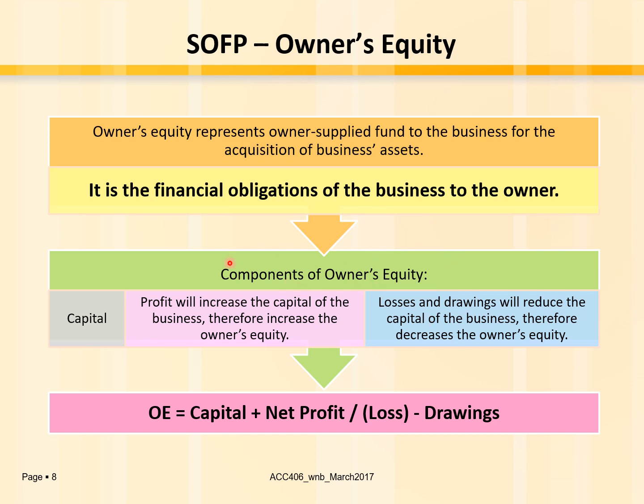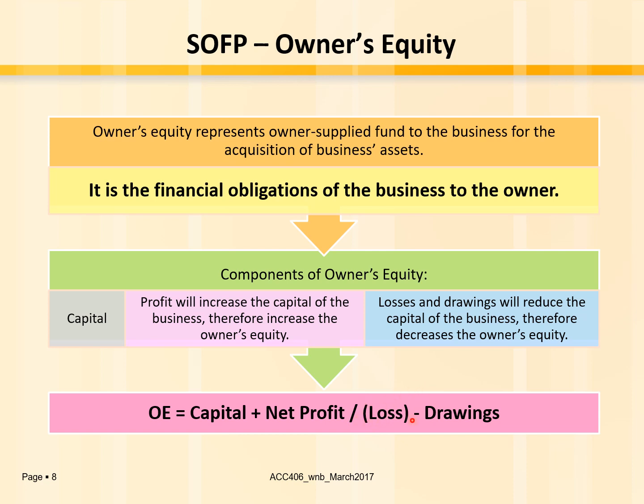So, dalam owner's equity ni ada dua komponen utama, which is capital dengan profit. Yang akan meningkatkan capital adalah profit. Yang akan mengurangkan capital adalah loss dan juga drawings. So, bila kita ringkaskan dia jadi macam ni. Owner's equity sama dengan capital campur dengan net profit, ataupun kalau loss kita akan minus.